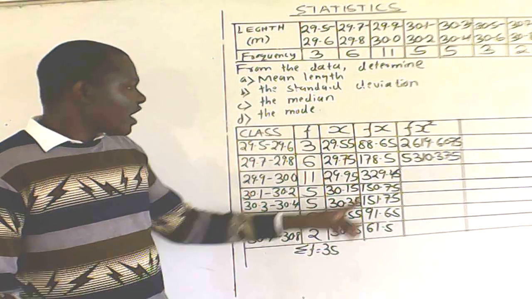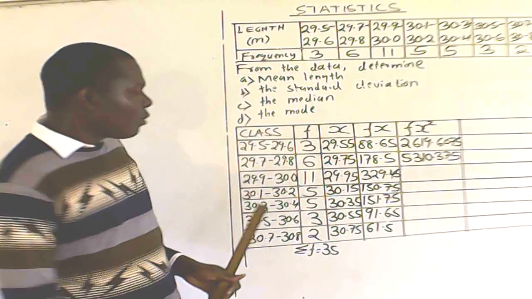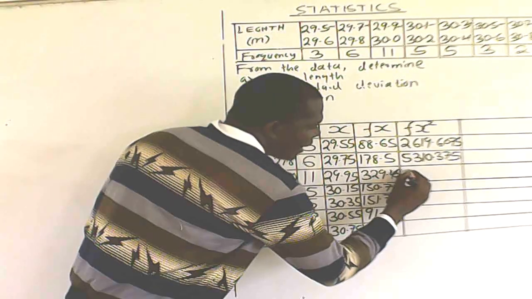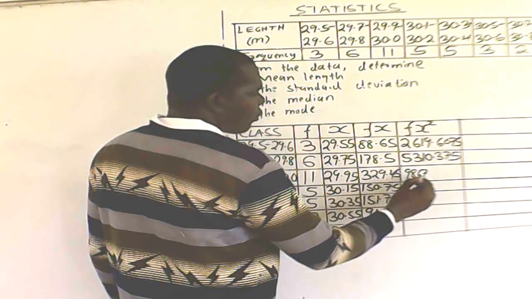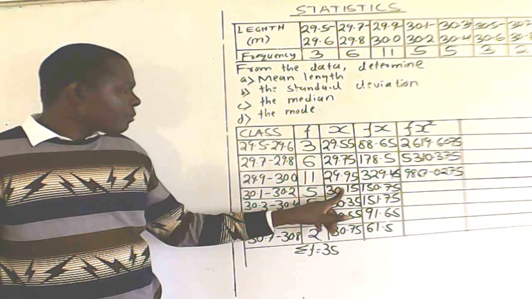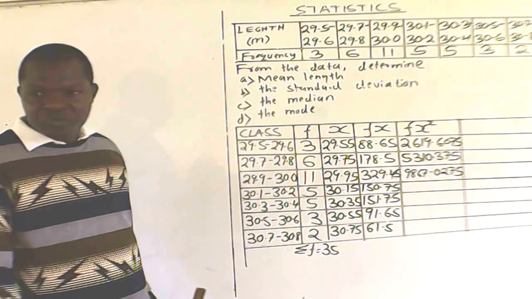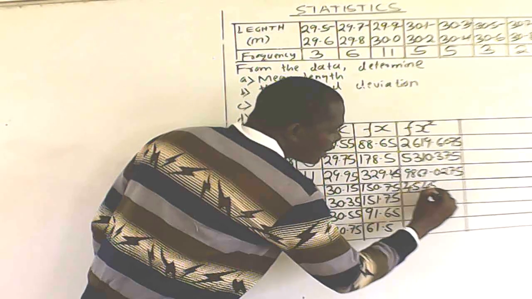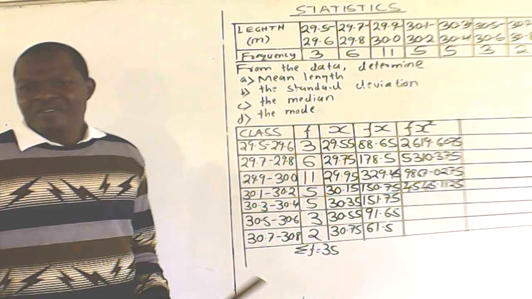5310.375. You move to the next one, fx times x, 329.45 times 29.95. 9867.0275. You move to the next one, fx times x to give you fx squared, 150.75 times 30.15. 45.125, isn't it?